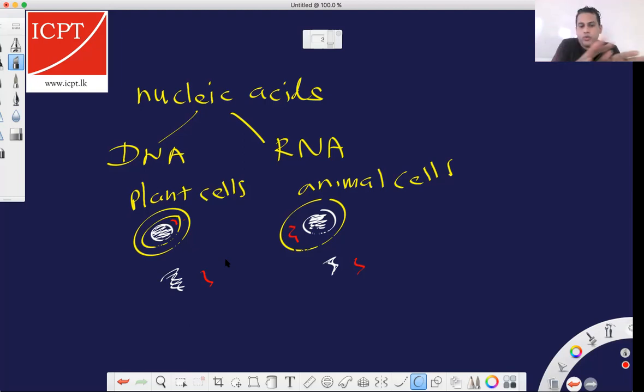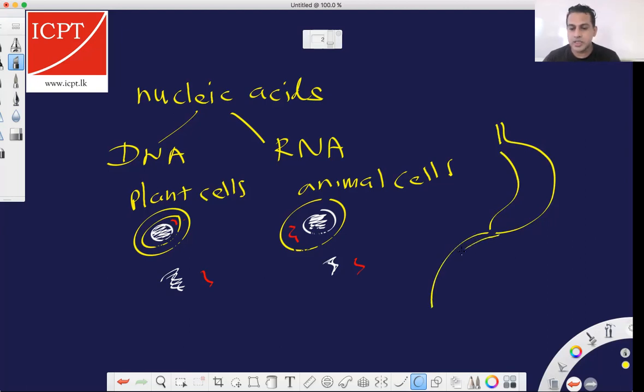Okay, now when the food passes to the small intestine, so this is the stomach, and this is the duodenum area of the small intestine. And the pancreatic duct connects the pancreas to the duodenum.